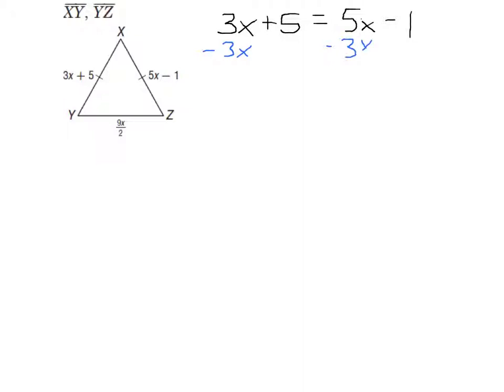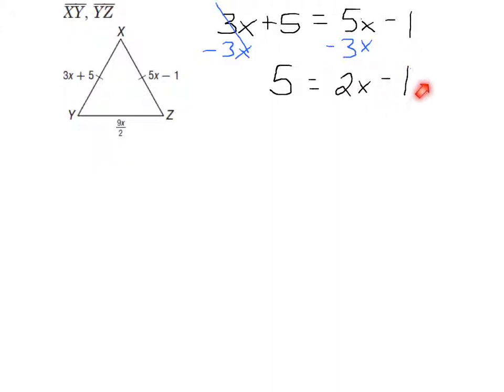If I subtract 3x from both sides, it goes away on the left and leaves me with 2x on the right. I haven't done anything with the numbers yet, so the numbers stay where they are. Now, I've got a term that's just a number on the left side of the equal sign. On the right side, I have a term with an x and a number.